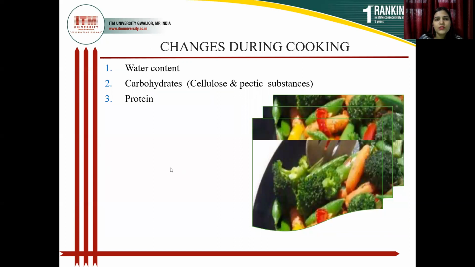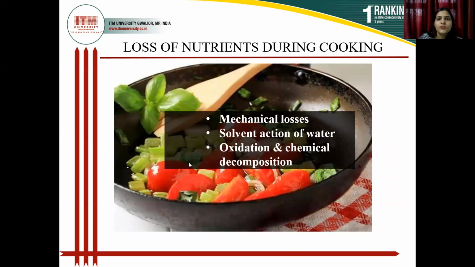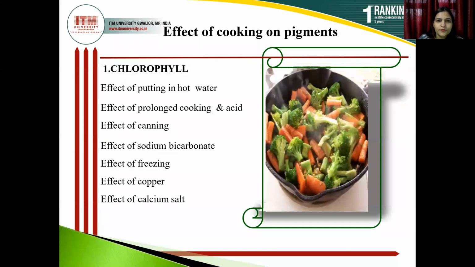Changes during the cooking. So water content, carbohydrates, and proteins. During the cooking, the water content will change, carbohydrates also break down into different forms, and the protein content will coagulate. Losses of nutrients during cooking: mechanical losses, solvent action of water, and oxidation and chemical decomposition.